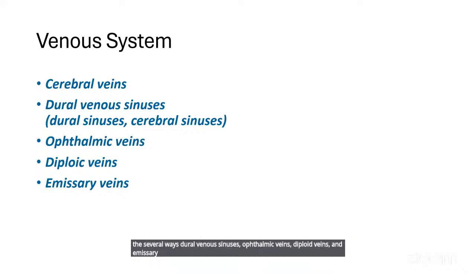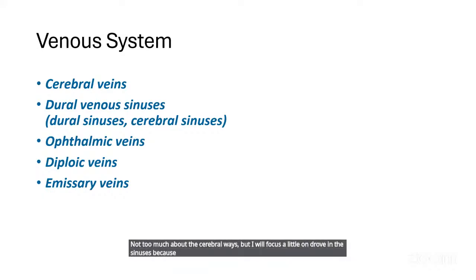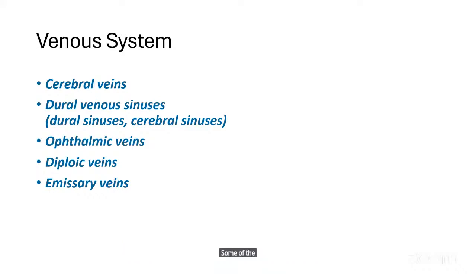But in this presentation, I will not talk too much about the cerebral veins, but I will focus a little on dural venous sinuses, because as far as I guessed, the previous 2 speakers had to talk about deep cerebral veins. If you are talking about the ventricular anatomy, then you should talk about some of the deep venous structures.